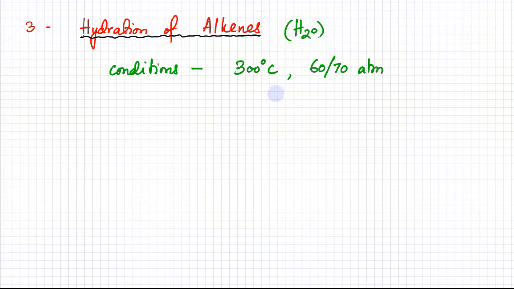And remember that since you're doing this reaction at a very high temperature, you wouldn't be reacting it with water. You would be reacting it with steam instead. So this is a reaction of an alkene with steam.